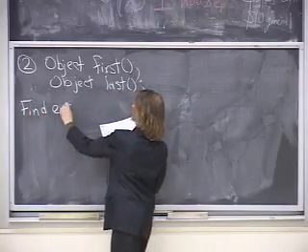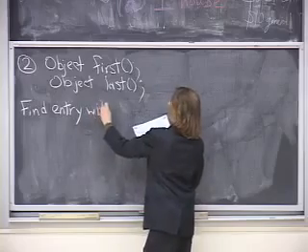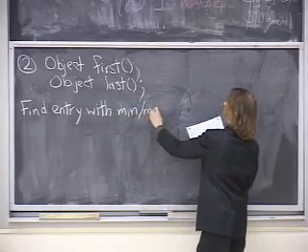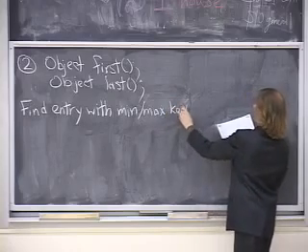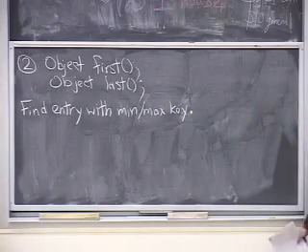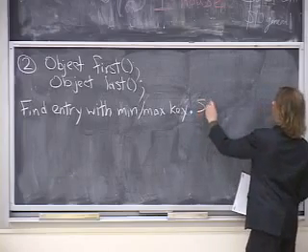Like if you want to find the entry with the minimum key, you just keep following left child pointers until you run out of left child pointers. And then once you've found the entry with the minimum or the maximum key, you splay it to the root.